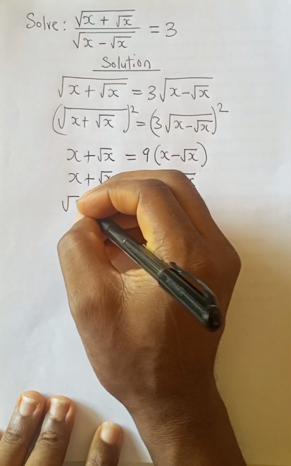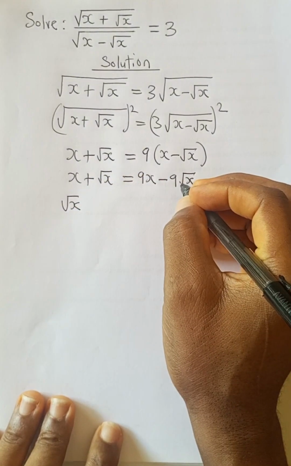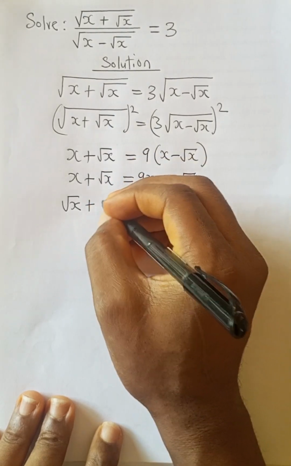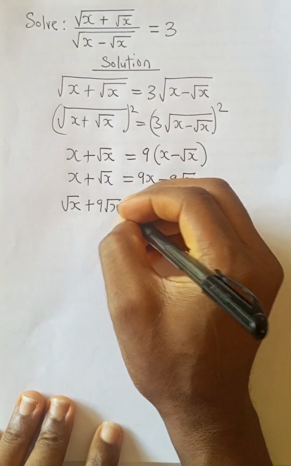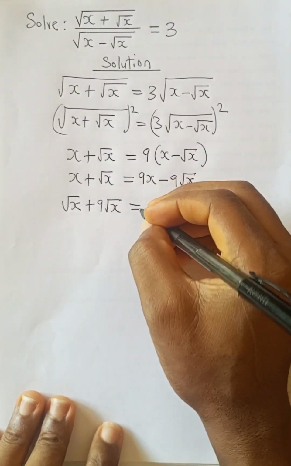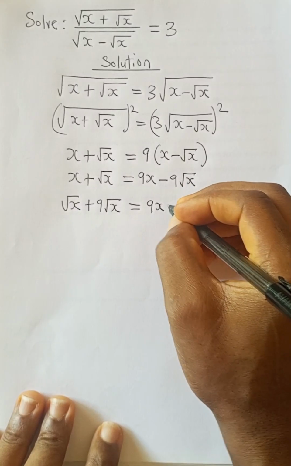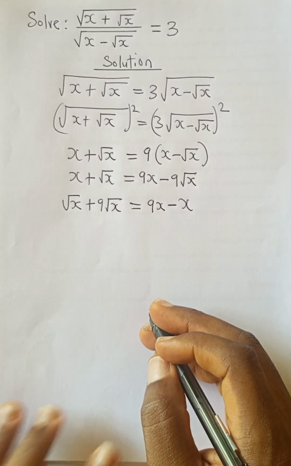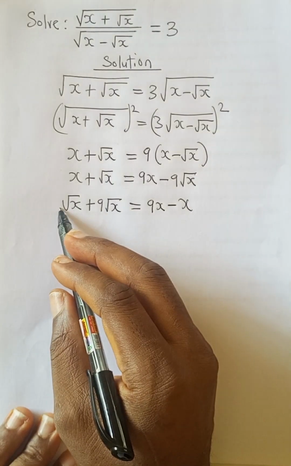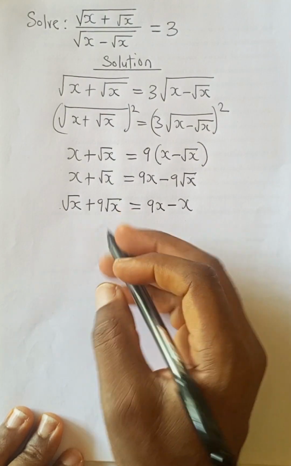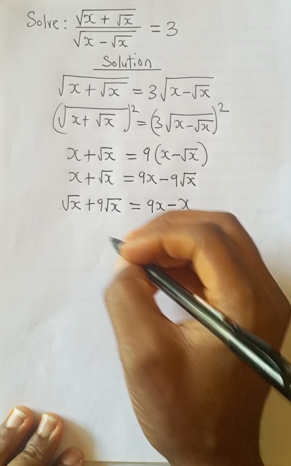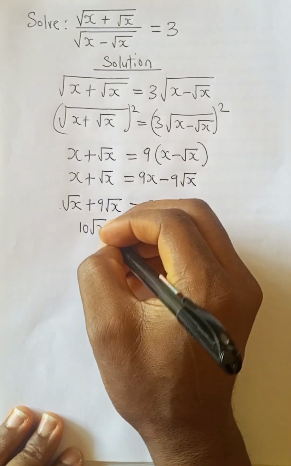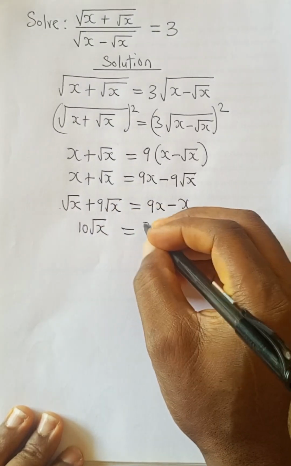When this minus 9 root x comes to this side, it becomes plus 9 root x, which gives us 9x minus x. So we have 1 root x plus 9 root x, which gives us 10 root x equals what?